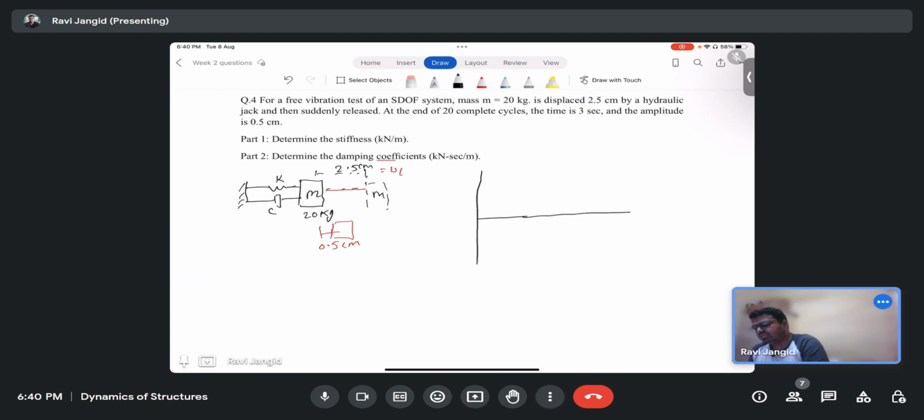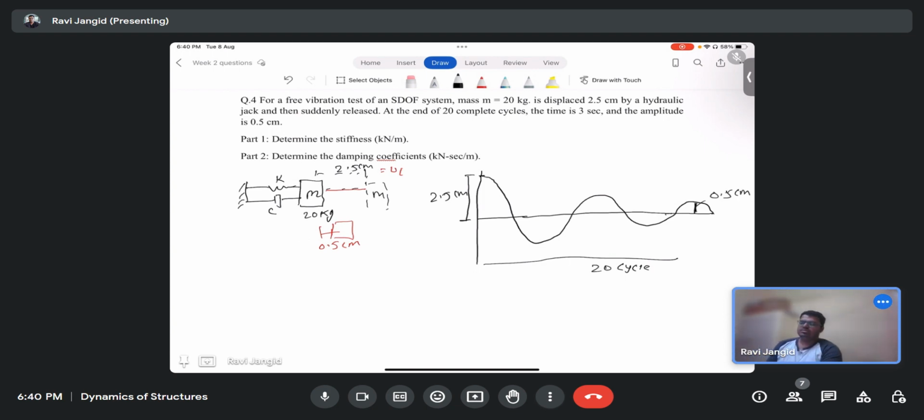Let us suppose I give it 2.5 centimeter, and at the end of the nth cycle, let us suppose these are the 20 cycles, don't go with the representation, the amplitude is 0.5 centimeter. So first find out the damping ratio.